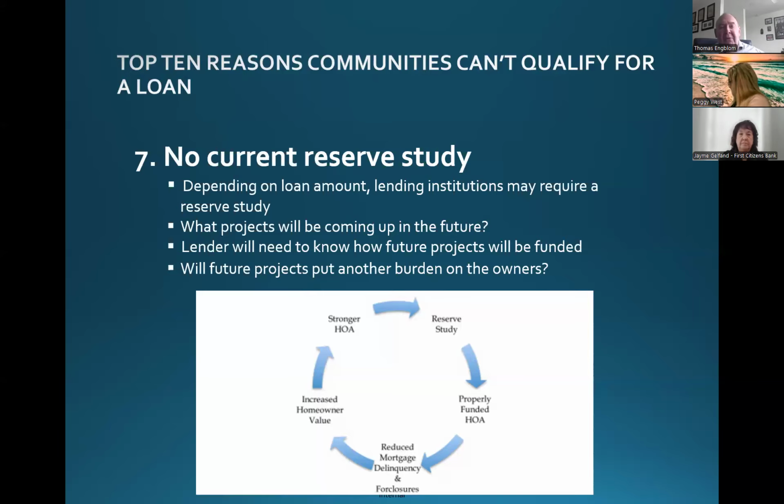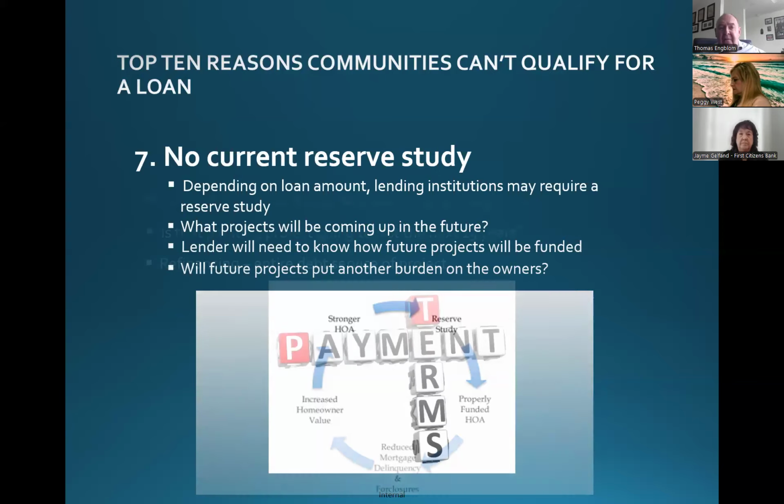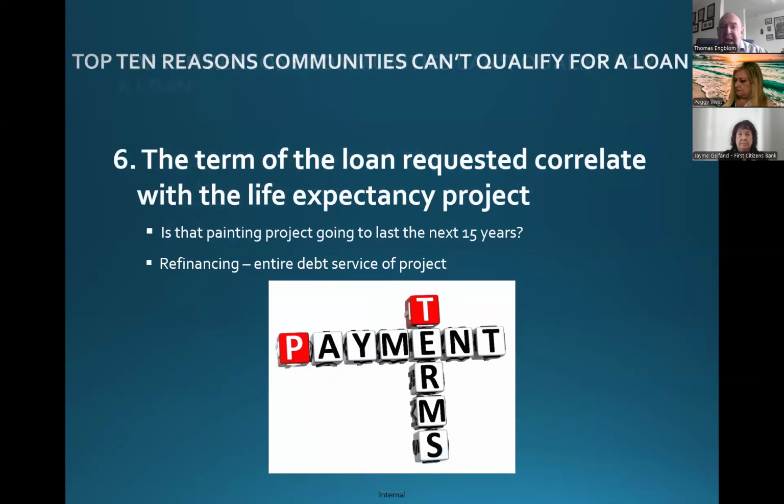In one particular case, I had a very large association in Indianapolis, Indiana, and the previous board had gotten a $5 million loan. Part of the requirement was that they had to increase their assessment by 5% every year during that term of the loan.